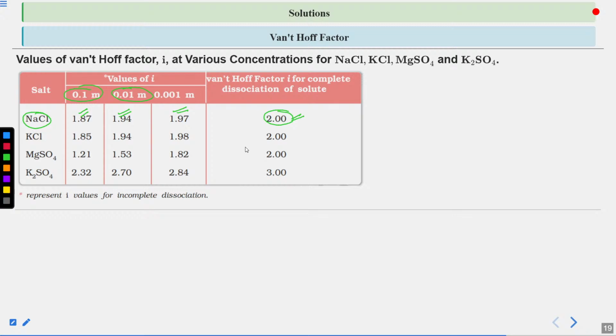Now, the same thing can be seen for KCl, MgSO4 and K2SO4. Your KCl also dissociates into 2 parts, K plus and Cl minus. Same for MgSO4, but K2SO4 dissociates into 3 parts. What are those 3 parts? There will be 2 K plus ions and 1 SO4 2 minus.